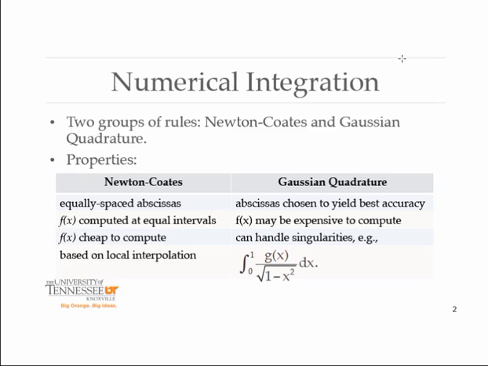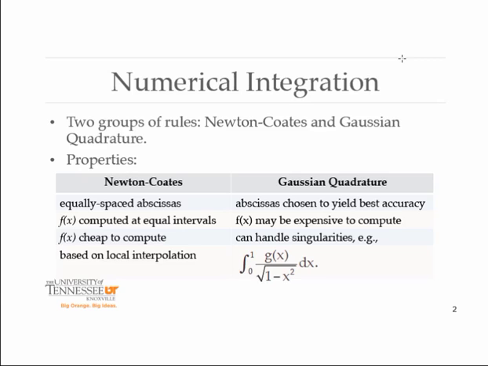The assumption with Newton-Cotes is that you can evaluate or obtain those functional values at equal intervals, whereas in Gaussian quadrature, we're trying to minimize the number of nodes in the sense that perhaps the function might be expensive to compute. Whereas in Newton-Cotes, the function is assumed to be cheap to compute, it's computationally not taxing to get new functional evaluations.